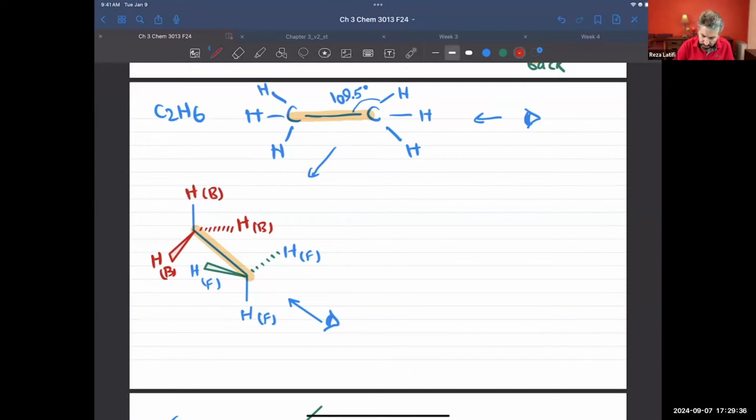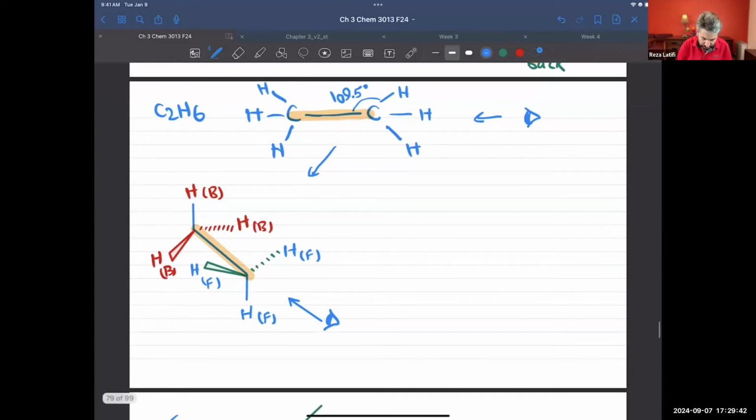Next, let's give them labels, 1, 2, 3, whatever. So let's call this one number 1. This is number 2, and that's going to be number 3. And then I'm going to call this number 4. This one will be number 5, and that's going to be number 6, just to make our life easier so that we can track them.